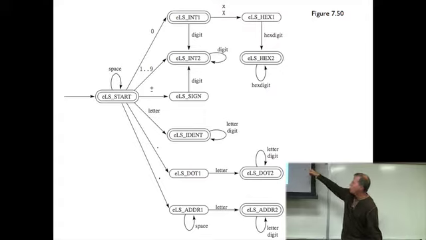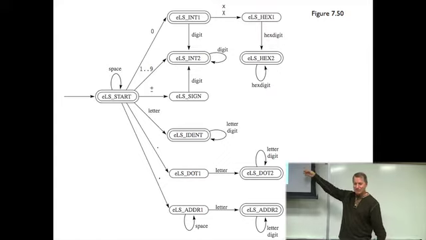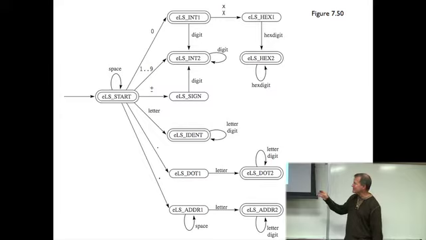It's only when you're in hex 2 that you have to have that test. Because we don't want a hex 2 and a hex 3 and a hex 4 and a hex 5 to make sure that we only get 4 digits after the leading 0. If you did it the way you had done your homework, can you imagine, they'd have a plethora of states. We don't want that. We want to make it as less complex as we can.